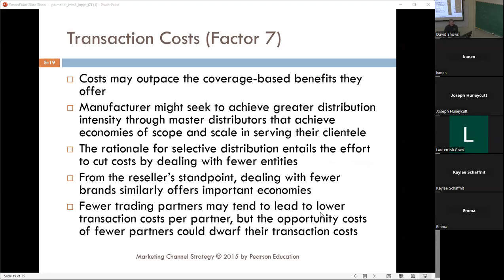So also the transaction cost, quite simply, of being in perhaps Hickory. It's less expensive to be in a big area, especially if I attach myself with what's called a master distributor. If I go to an area like Hickory, and there may be 14 potential distributors of my given product, who am I going to select?